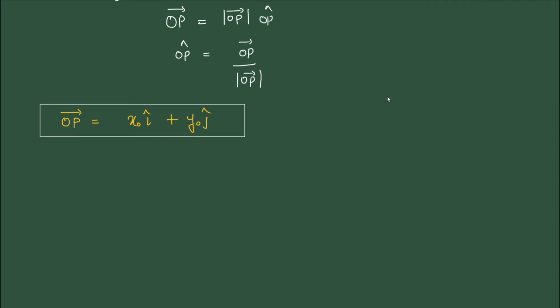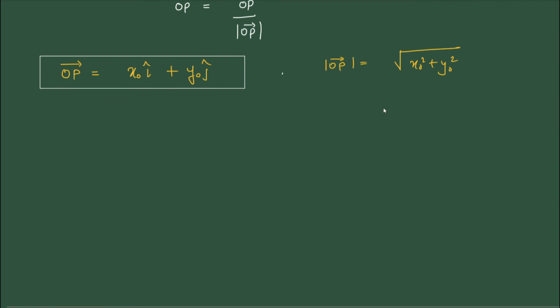Now the magnitude we have already calculated. The magnitude of the OP vector is coming out as the square root of x0 square plus y0 square. So the OP unit vector becomes OP vector, x0 i cap plus y0 j cap, whole divided by the square root of x0 square plus y0 square.